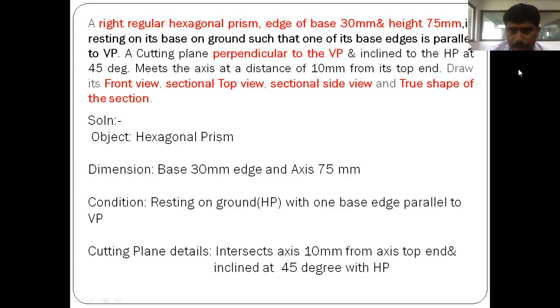Understand that this point is very important. This condition needs to be satisfied. If I take this vertical plane and horizontal plane, you should place the object in such a way that the base edge is parallel to the vertical plane, like this.